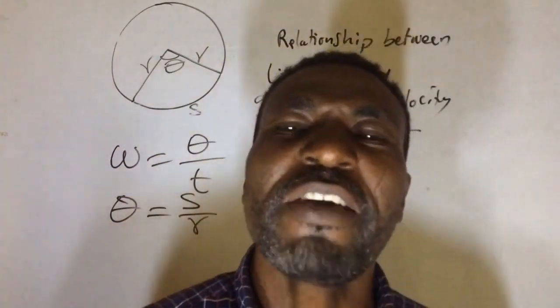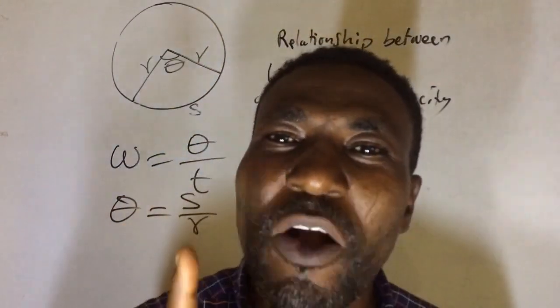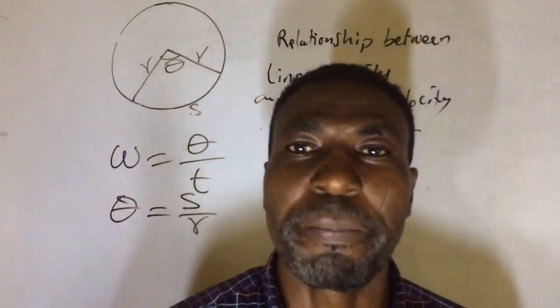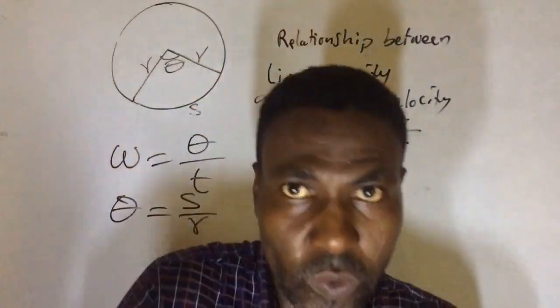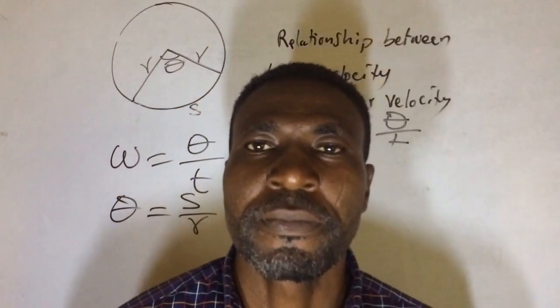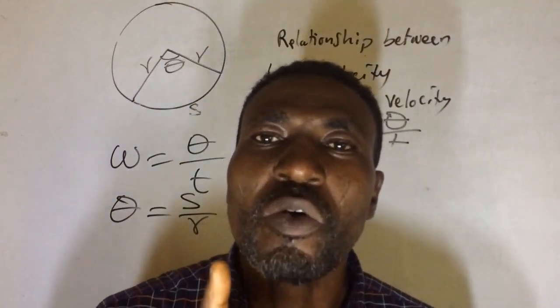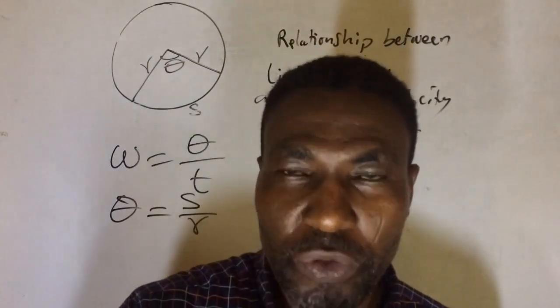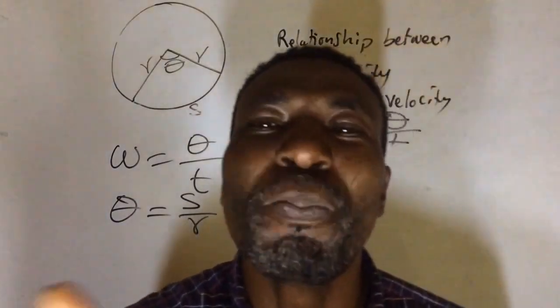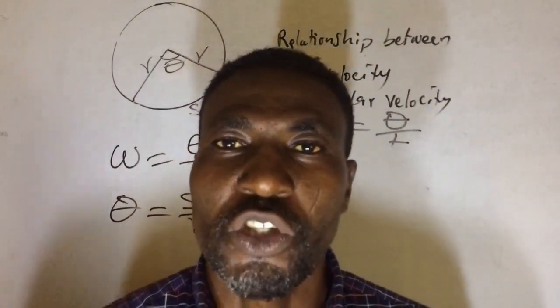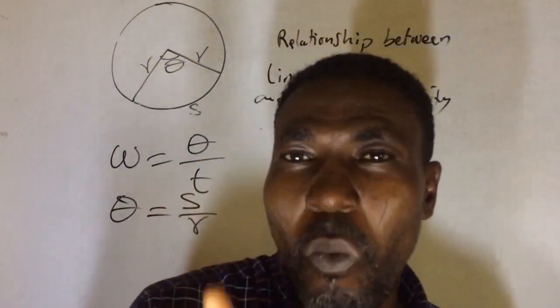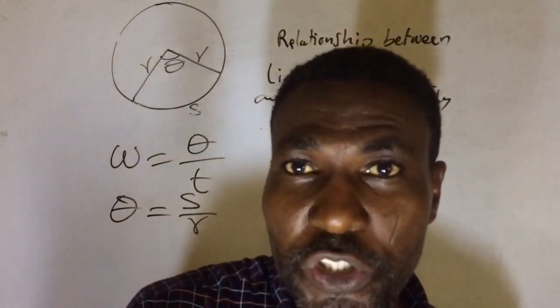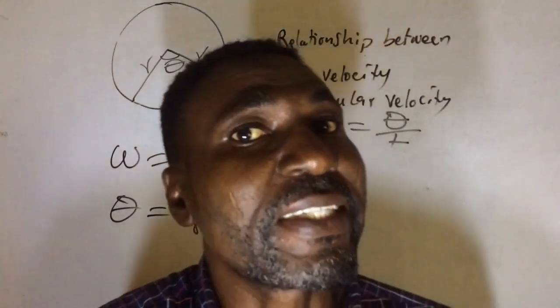In other words, if a body completes one complete revolution, meaning that it has completed one circle like this, or one cycle, one complete revolution is equal to 2 pi radians. Just like saying one complete revolution is equal to 360 degrees.